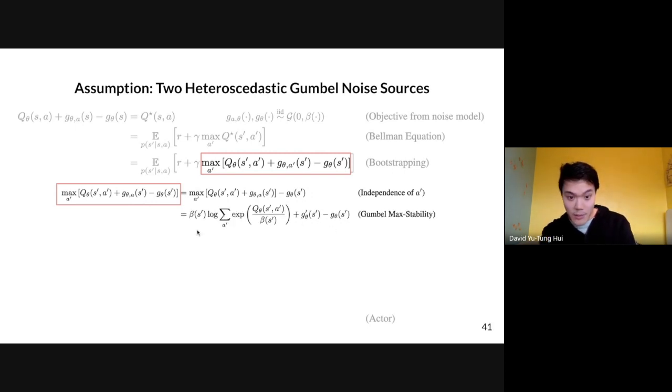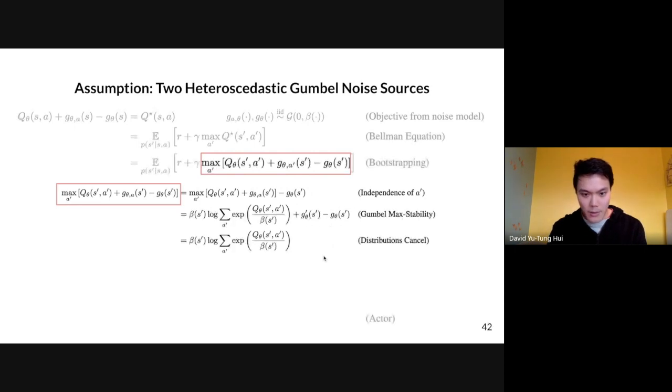Then we can use this identity: if you have the maximum of a Gumbel random variable plus a shift, the resultant distribution is a Gumbel distribution shifted by the log-sum-exp of this shift, divided by the beta here, which is dependent on the state, which is the spread of the original Gumbel distribution that you're putting in. The reason we have a second Gumbel on the outside is such that these two cancel each other out, giving us a very nice, essentially non-noisy equation for this maximum operator by rewriting this expression.